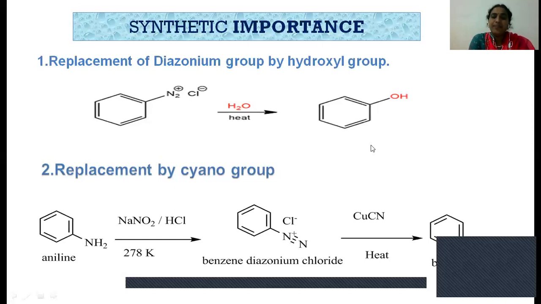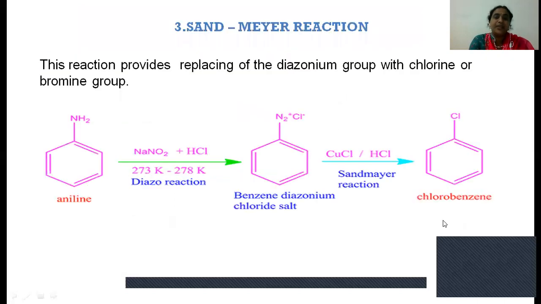All these follow the SN2 type mechanism, because cyanide is a nucleophile which substitutes in the place of the leaving group, hence this is also called an SN2 type mechanism and produces cyanobenzene. And the third reaction, which is very important, is called the Sandmeyer reaction.